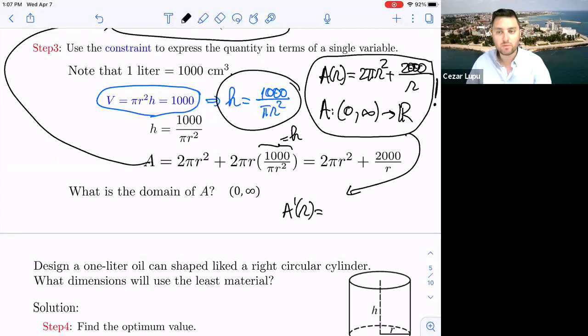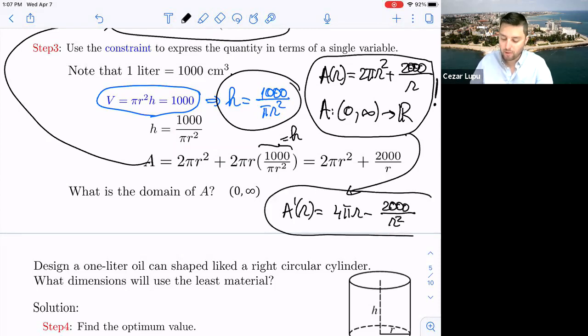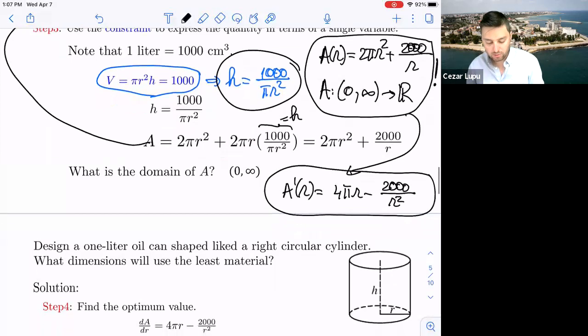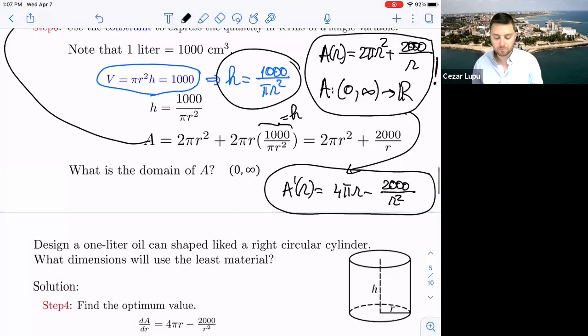The derivative with respect to r is 4 pi r minus 2000 over r squared, right? So that's the derivative of my function. That's dA over dr.